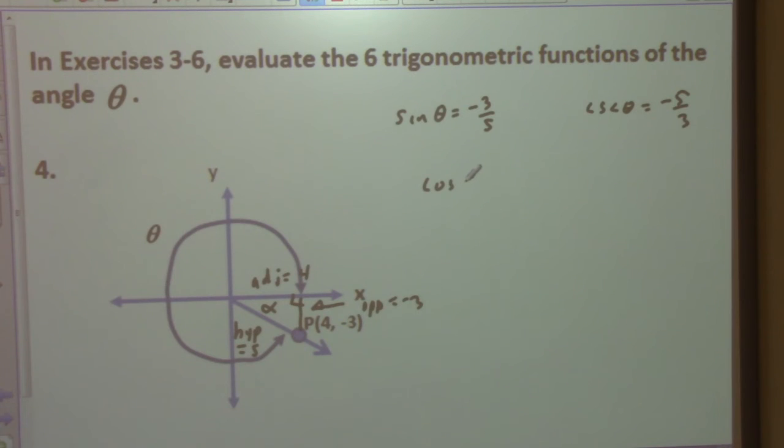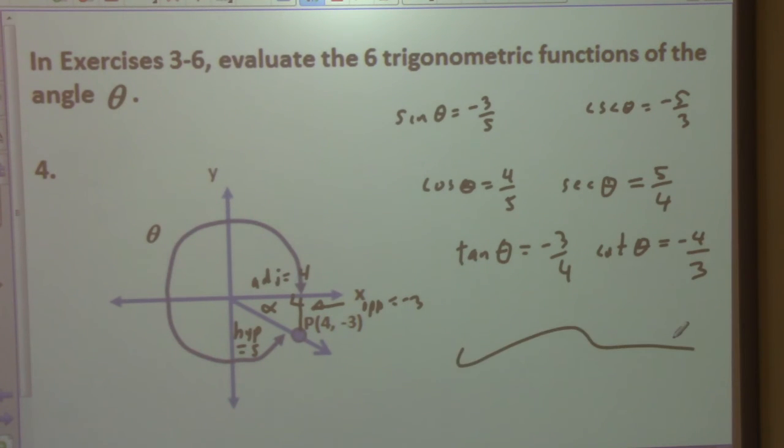Okay, cosine theta is going to be 4 over 5. 4/5, and secant theta is 5 over 4. 5/4, and tangent theta is negative 3 over 4. Negative 3/4, and cotangent is 4 over negative 3, negative 4/3. Okay, so that would be all of them, okay? Questions on that?